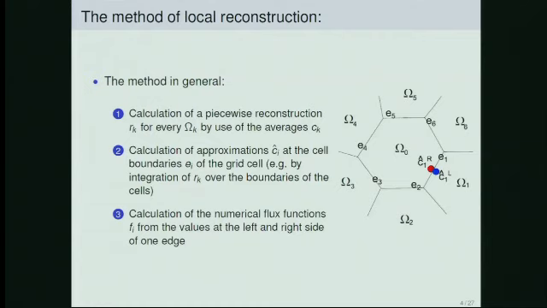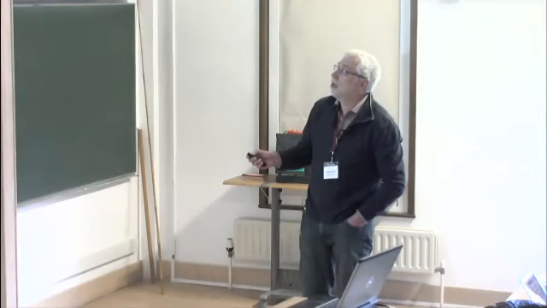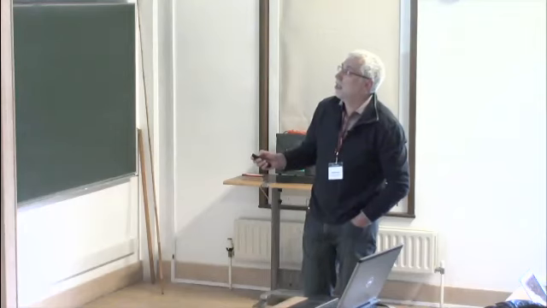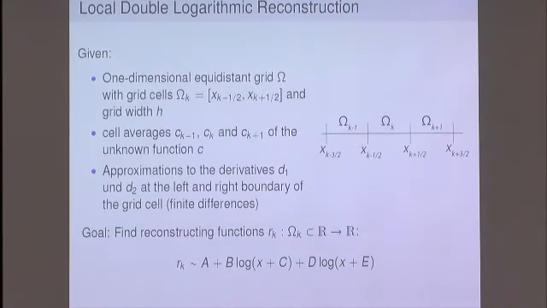After that, we compute a numerical flux function from the values from the left and from the right, and in the case of the advection equation, we take simply the upwind value from these 2 values. This is the idea of what we want to do. It's classical, and then we apply some kind of Runge-Kutta method to integrate in time.